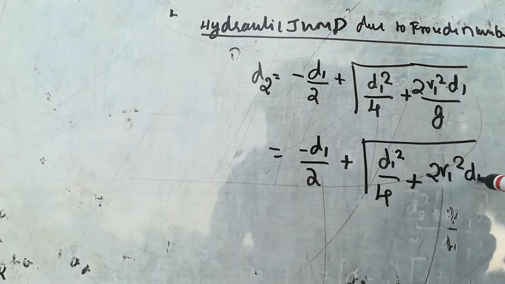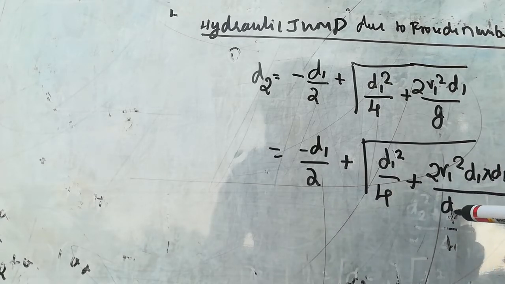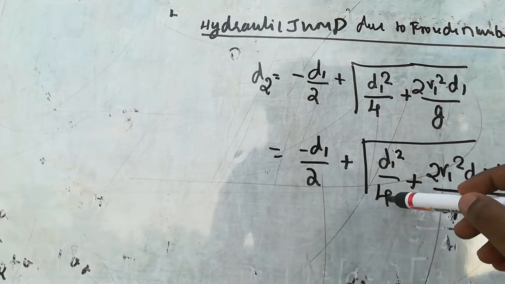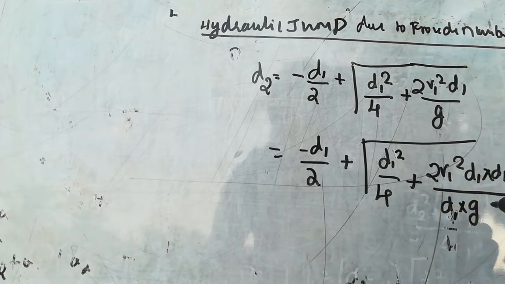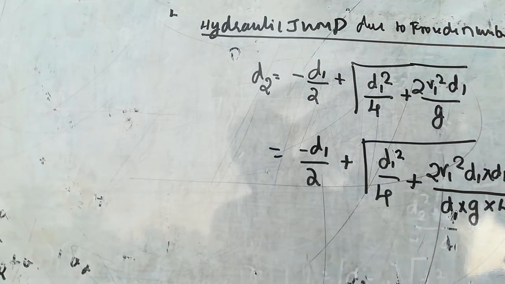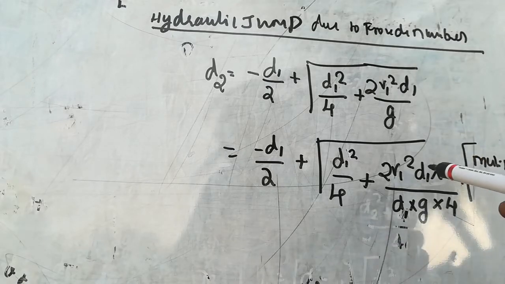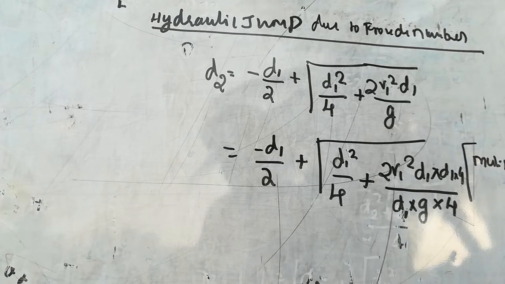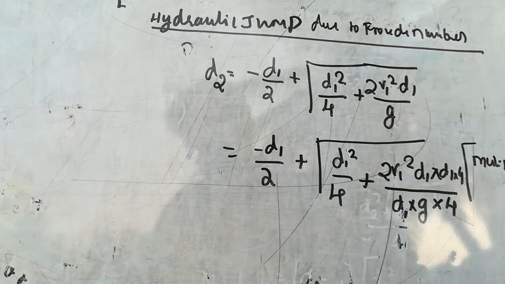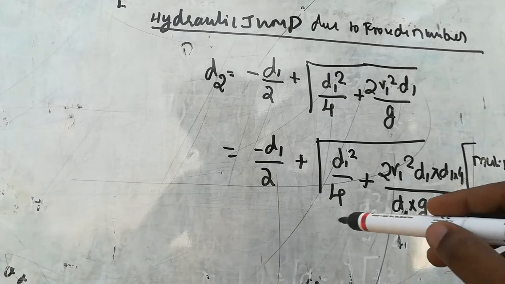So d1 into d1 becomes d1 square. Now I want d1 square by 4, multiply and divide by d1 into g. Again I will multiply and divide by 4 here. First I multiplied by d1 and divided by d1, and again multiplied by 4 and divided by 4. Next d1 square I will bring common outside.